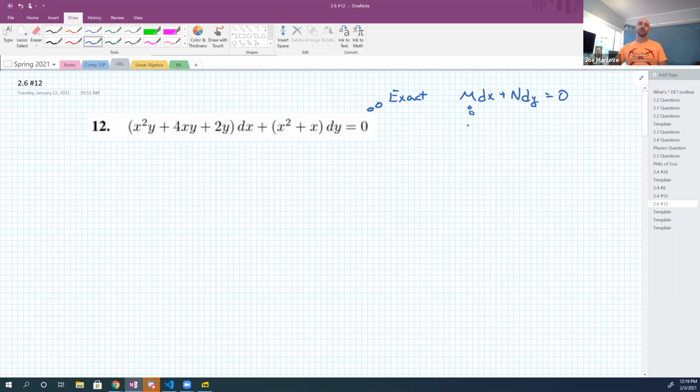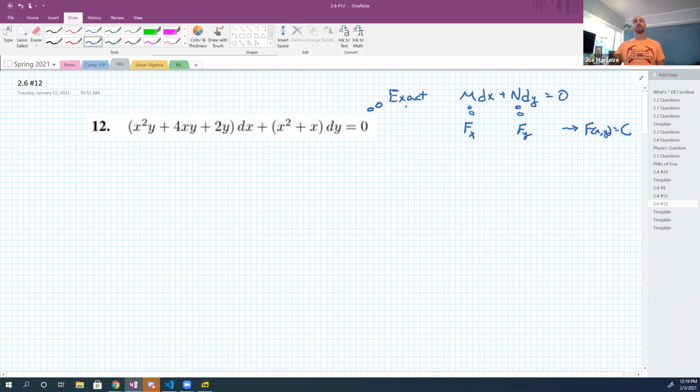And if I could find a function of two variables that had f_x equal to M and f_y equal to N, then my solution would be f of x and y is some constant c. Now, I probably can't do this in this case because they didn't tell me to solve this exact equation. They told me to find an integrating factor and then solve.